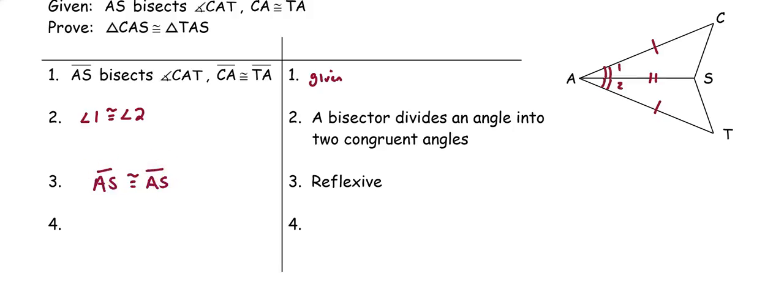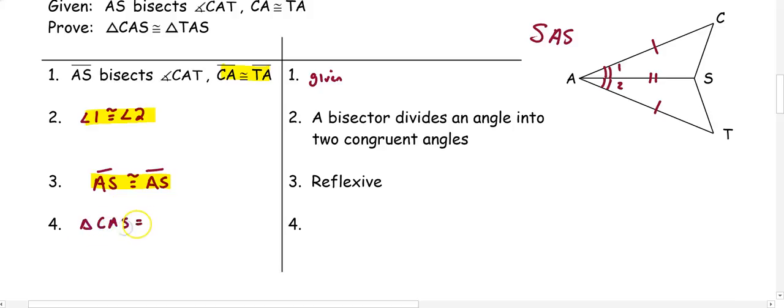So remember now, we have three pieces of information from our triangle. We have our sides congruent, angles congruent, sides congruent. So the method that we used here was side, angle, side. So in the last step, we're going to put our proof statement. So triangle CAS is congruent to triangle TAS, and our reason in this case would be side, angle, side.